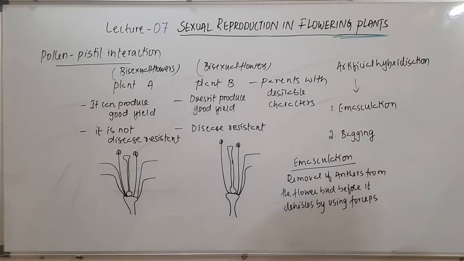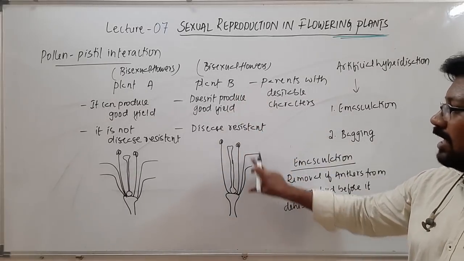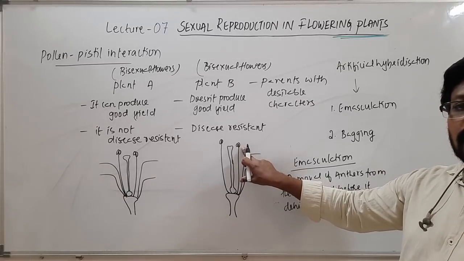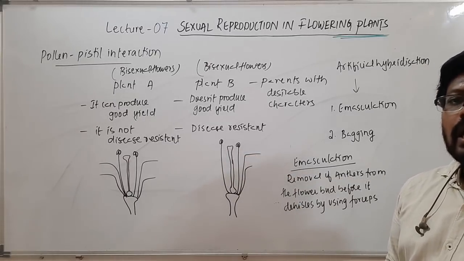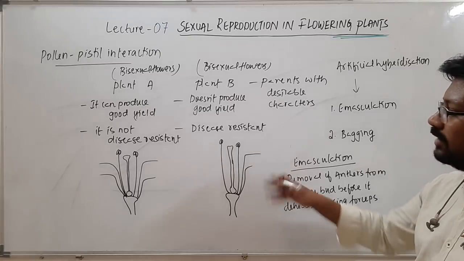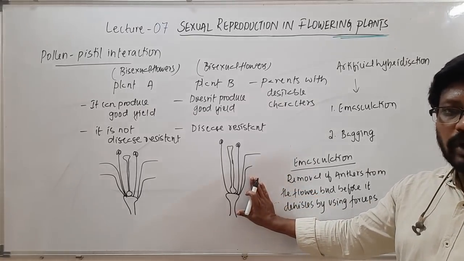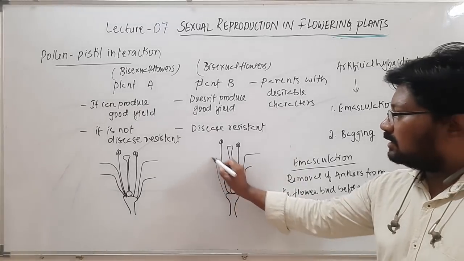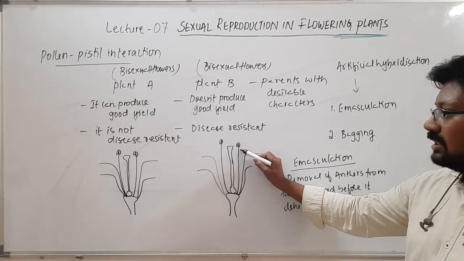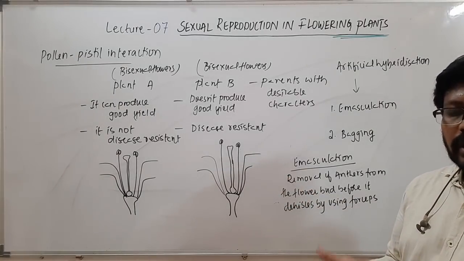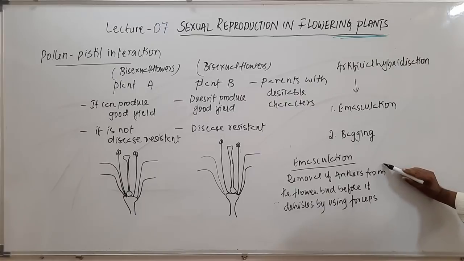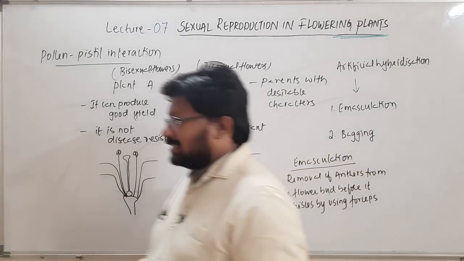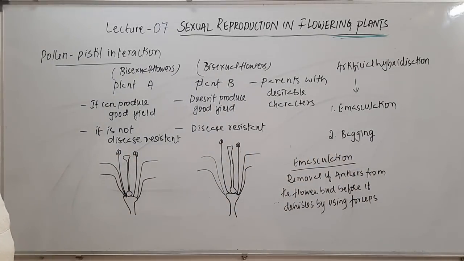In the case of plant B, I need to remove the anther, because the pollen grains from this anther may fall on the stigma and result in fertilization if it is a self-pollinating plant. So I need to remove these anthers from the flower even before it opens. That process we call emasculation.